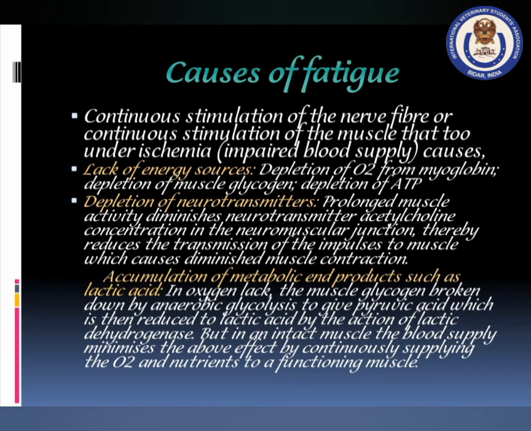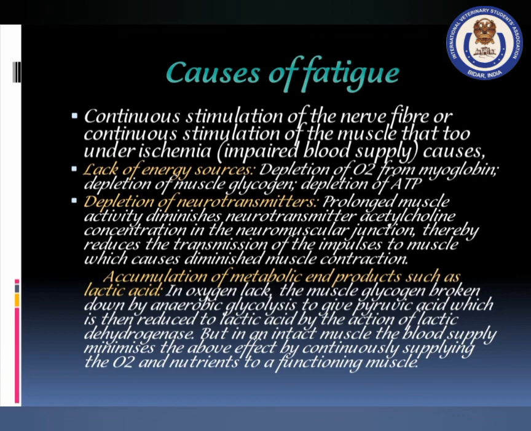Depletion of neurotransmitters: prolonged muscle activity diminishes the neurotransmitter acetylcholine concentration in the neuromuscular junction, thereby reducing the transmission of impulses to muscle, which causes diminished muscle contraction.